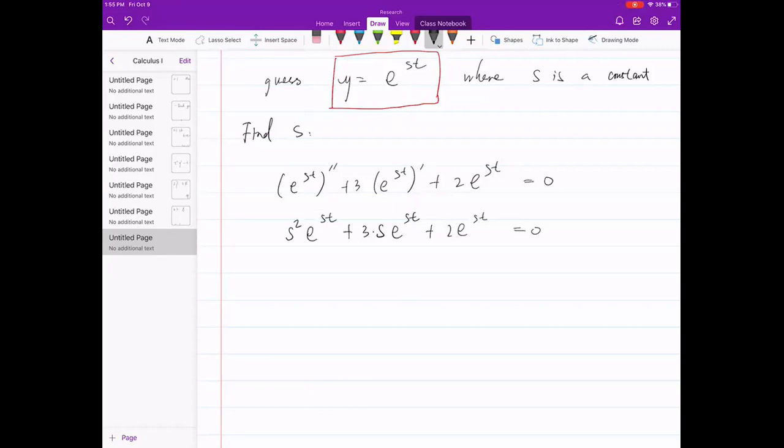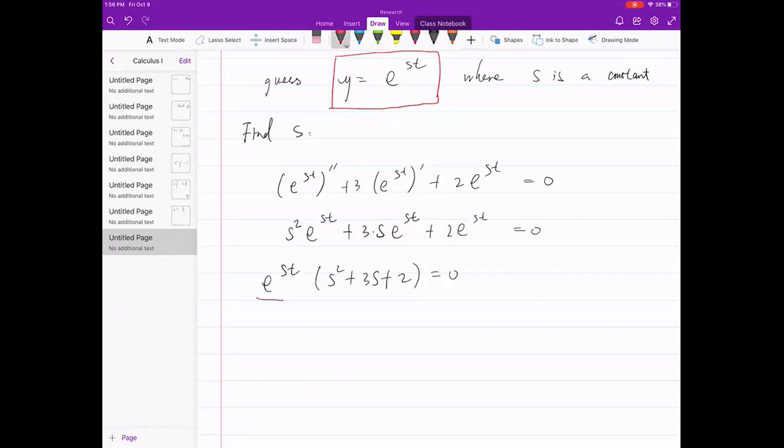Still okay so far? What do you see? Well, number one, this guy is a common term. I can take it out. Second, two things multiplied together equals 0.